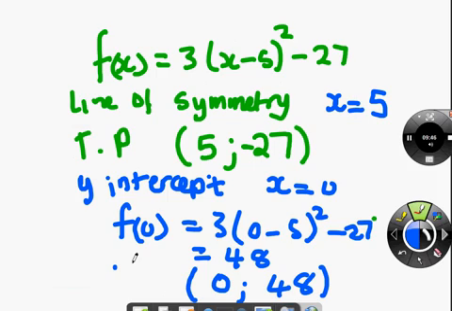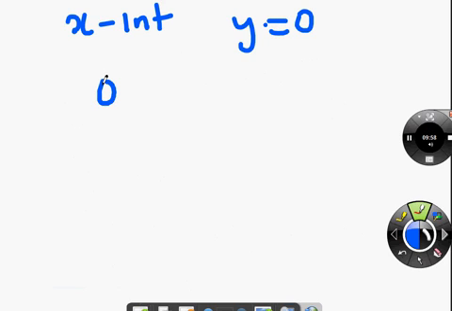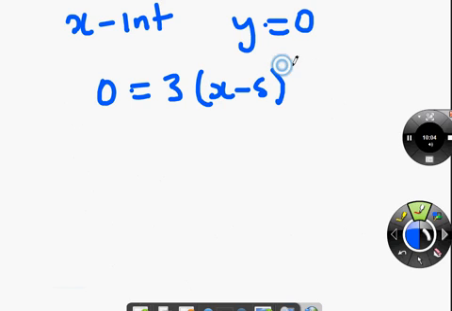Now I'm going to move on to find the x-intercepts. That's when y is equal to 0, which means that 0 is equal to 3 bracket x minus 5 squared minus 27.